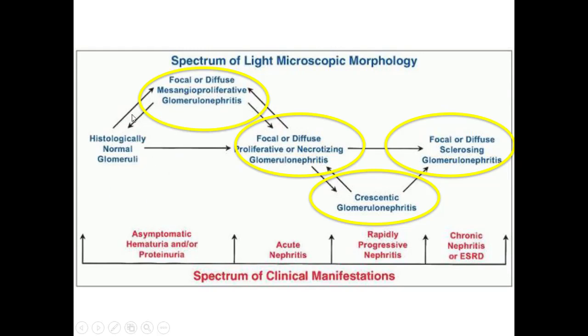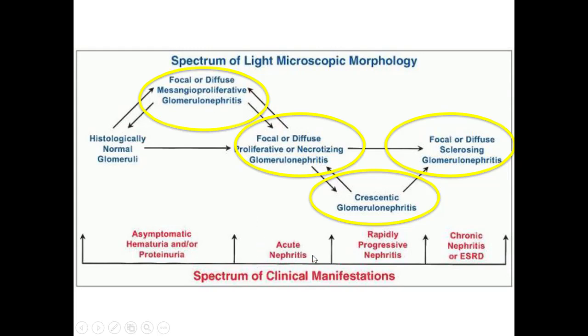If the problem is only in the filtration membrane, I can see it with light microscopic changes, or I can't see it, okay, as I will discuss in the next slides. And maybe there is a problem in the capillary space or the capillary itself, focal or diffuse proliferation of glomerulonephritis.